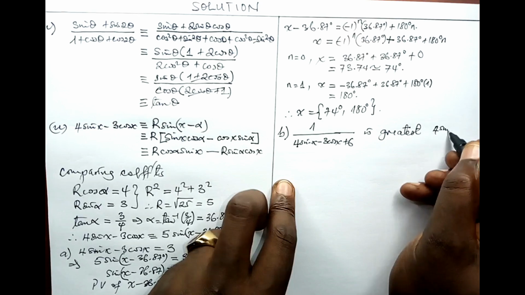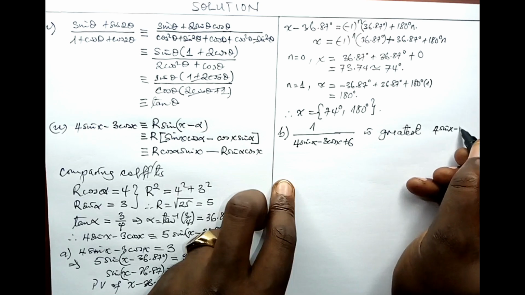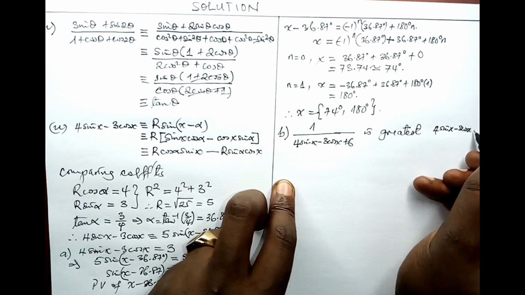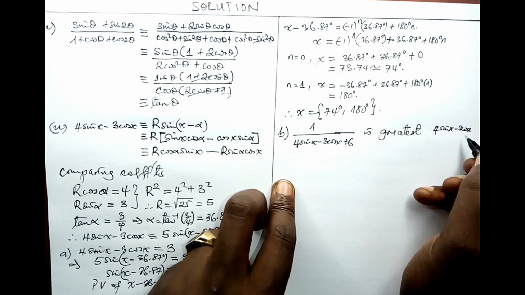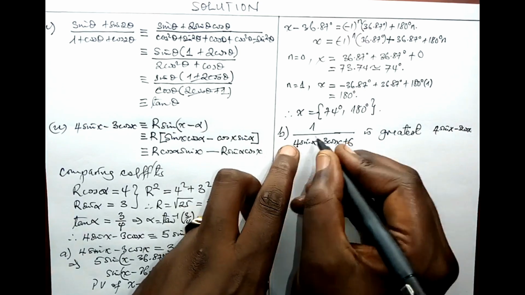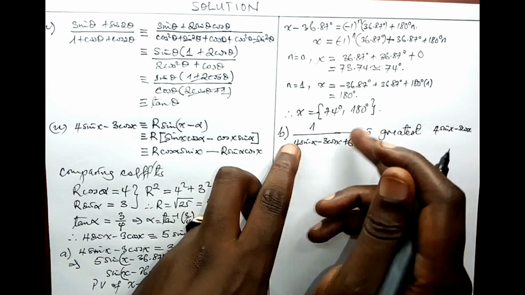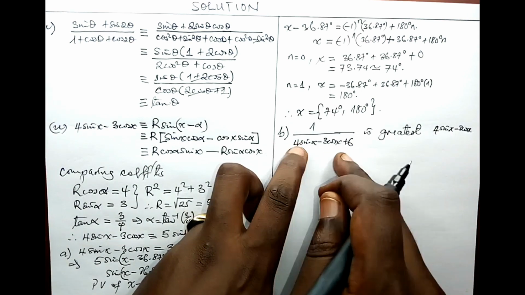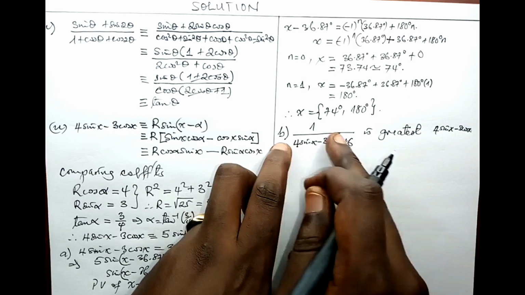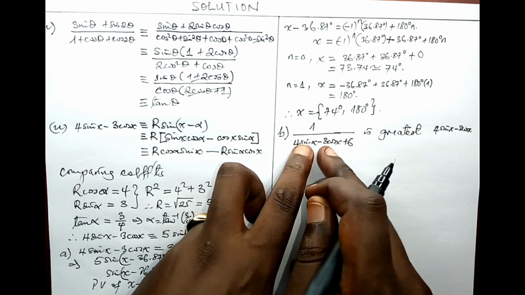4 sine x minus 3 cos x, this denominator, is what determines what happens to this function as it's varying. So that's the variable part of the function.